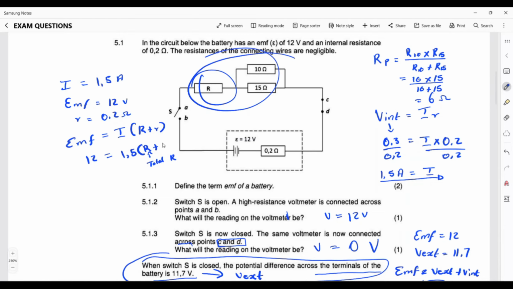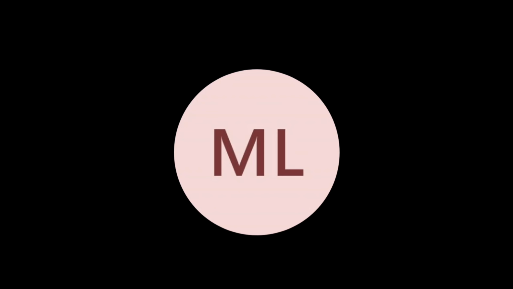My internal resistance is 0.2. So I just work out the maths. 12 is equal to 1.5 R plus, what is 1.5 multiplied by 0.2? 0.3. That's going to be plus 0.3.